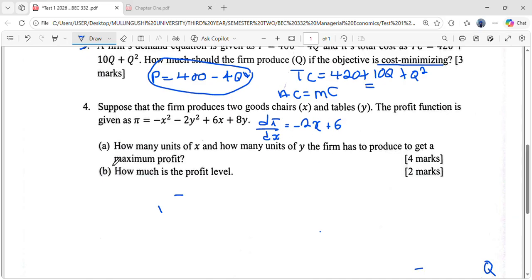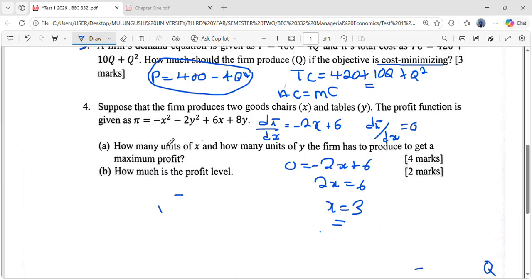For you to achieve maximum profit, d pi over dx needs to be equated to 0. So 0 is equal to negative 2x plus 6. So 2x equals 6, then the value of x will be equal to 3.